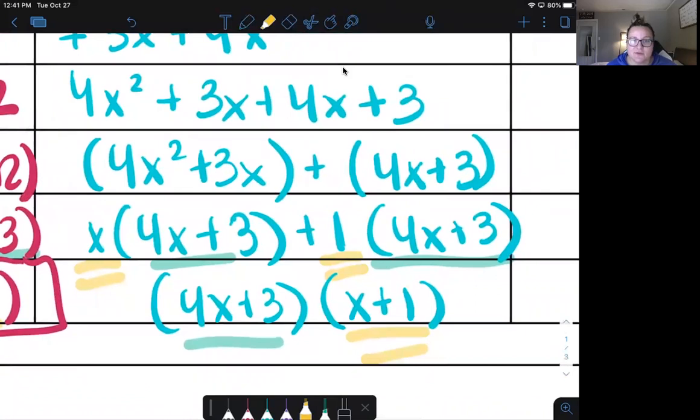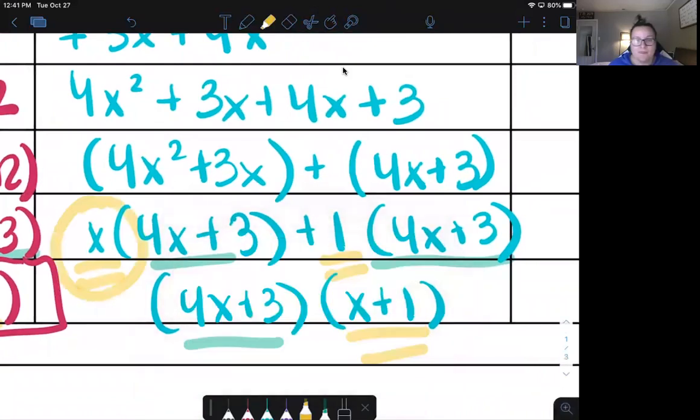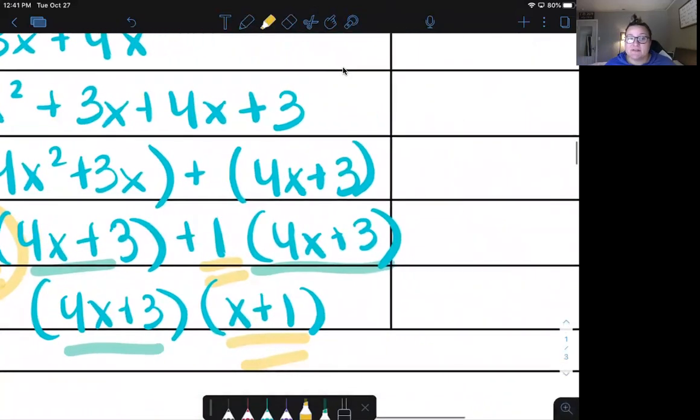So 4x squared and 3x clearly have an x in common to factor out, which you can see I did here. But 4x plus 3 have nothing in common, it seems. However, technically 4x plus 3 has a GCF of 1. So you factor out the 1, which doesn't really change anything.